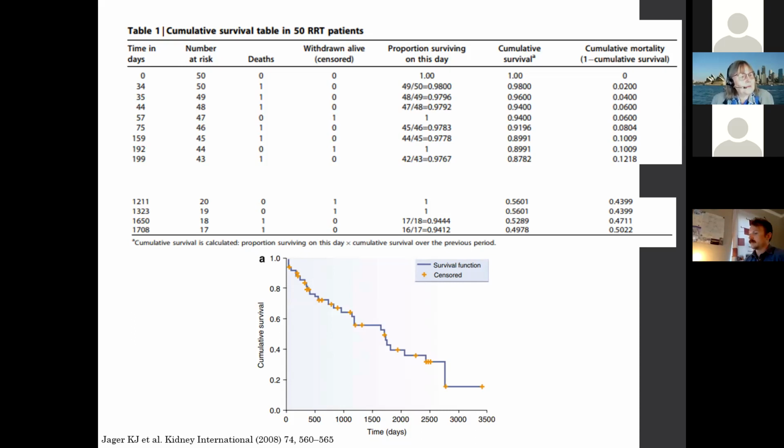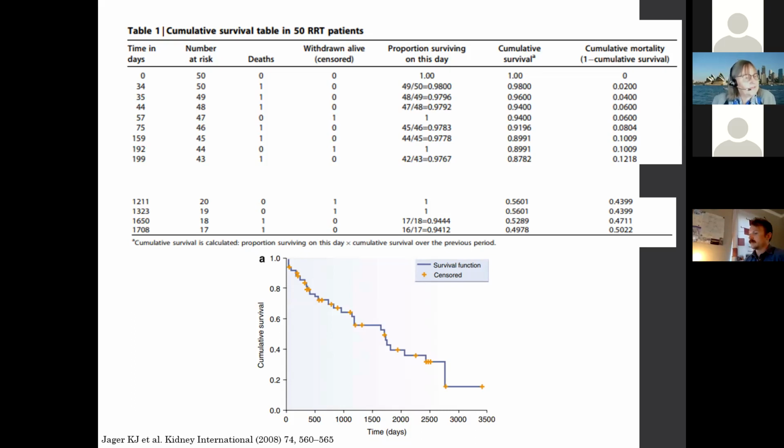Starting at the beginning, at time 0, the number at risk, that's the number of people who have the potential to develop the event, is 50. There are no deaths, they're all alive, there's 100% survival at the beginning. And that's here at the top left corner of the graph.